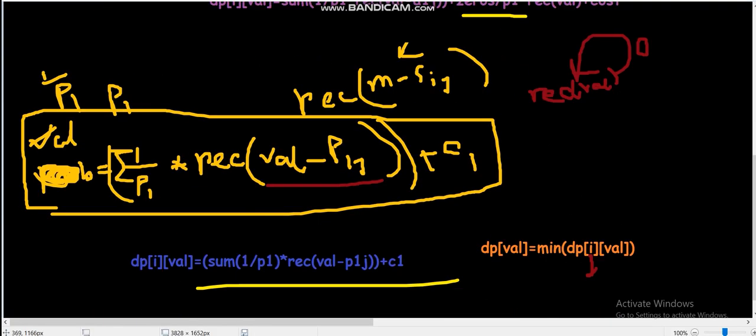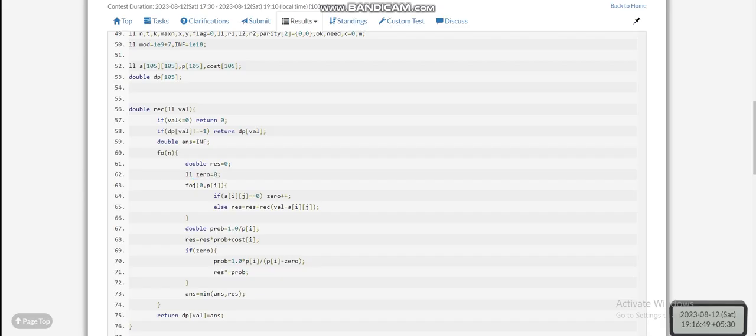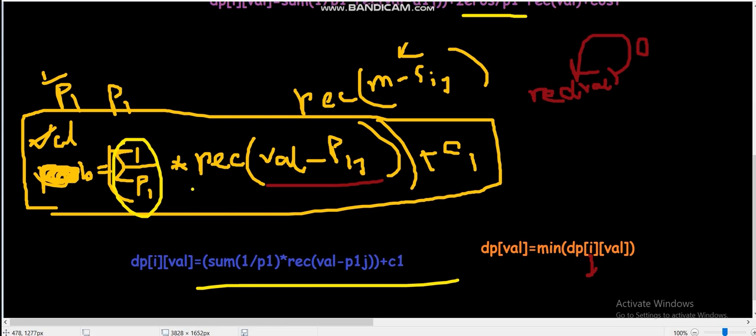Instead of multiplying everything by 1 by p[i], we can just calculate the sum and then multiply it by 1 by p[i]. So instead of taking 1 by p[i] inside the summation, we take it out of the summation.